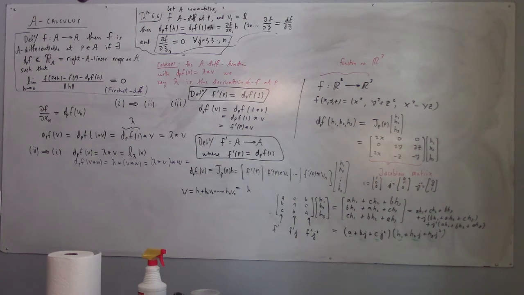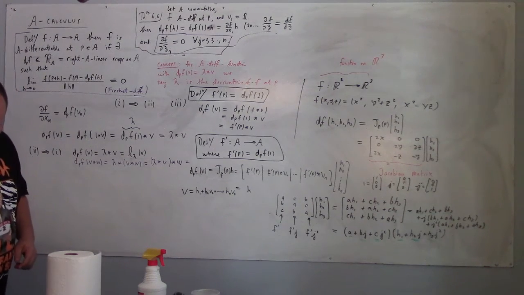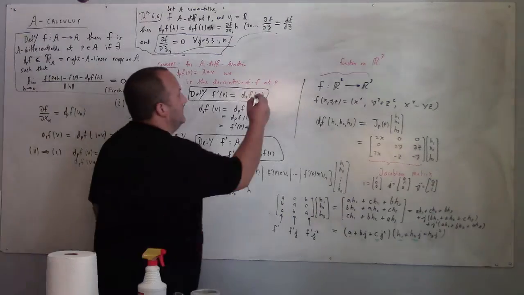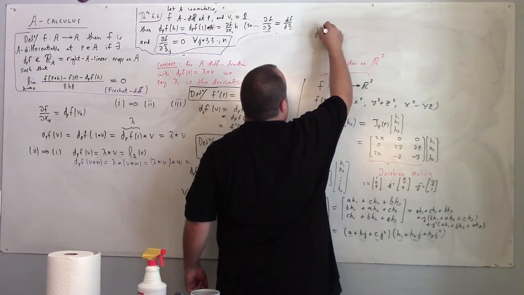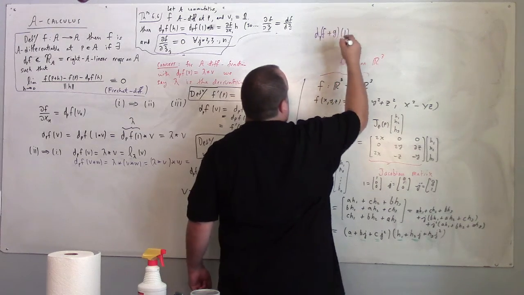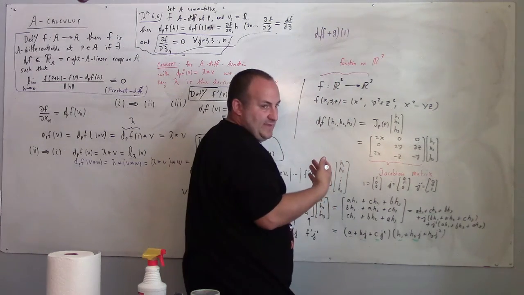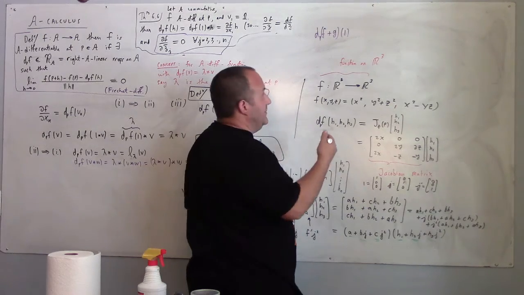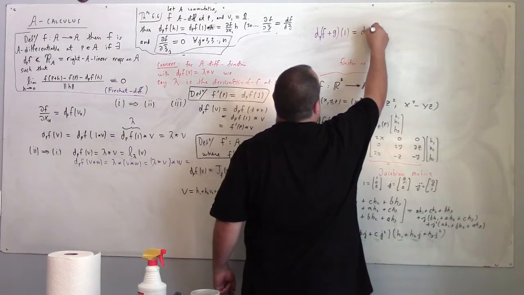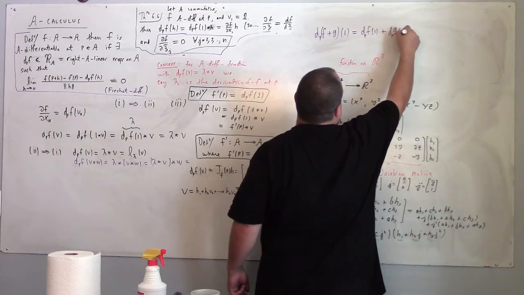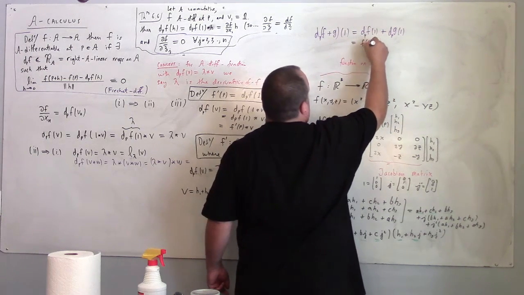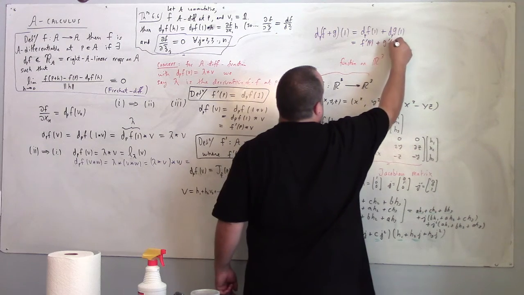And more than that, when you look at the actual formula for the derivative itself, so we're looking at d_p(f plus g) of 1, that's f plus g prime. Well, that's exactly df_p of 1 plus dg_p of 1, which is f prime of p plus g prime of p.